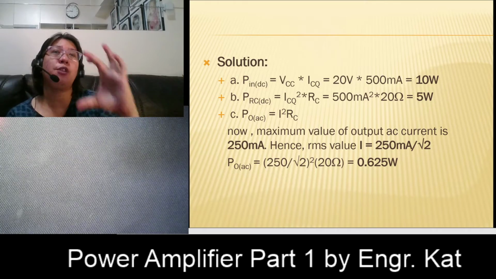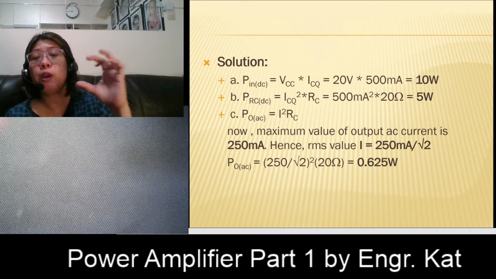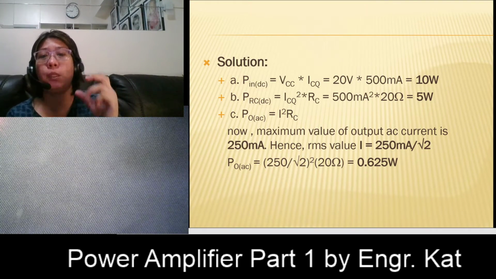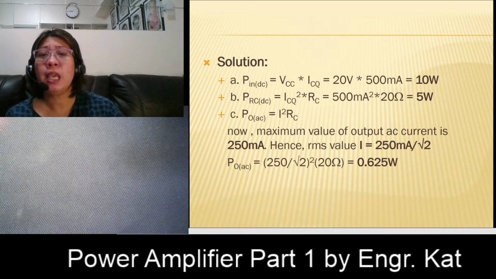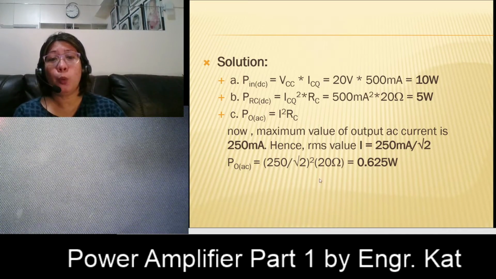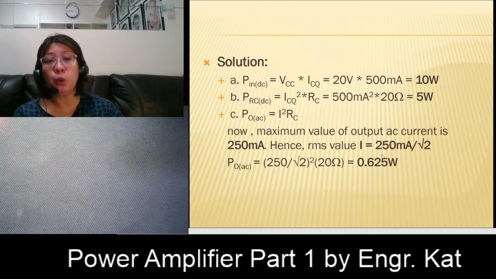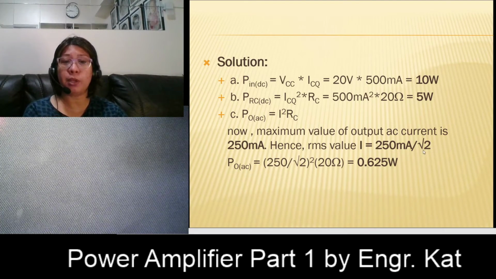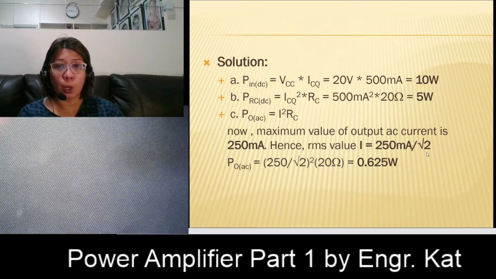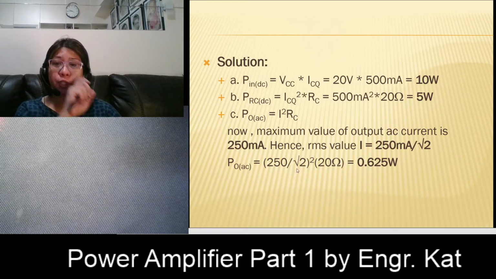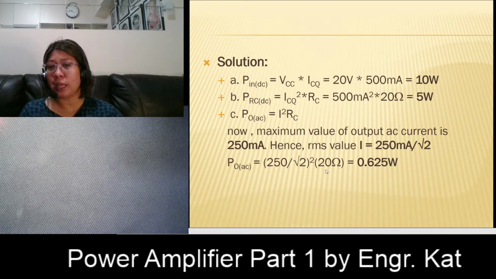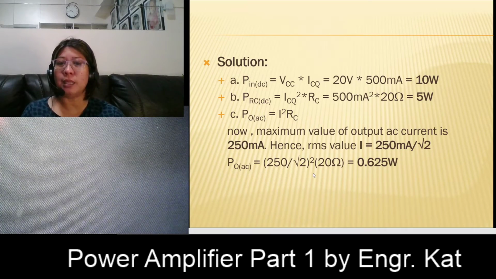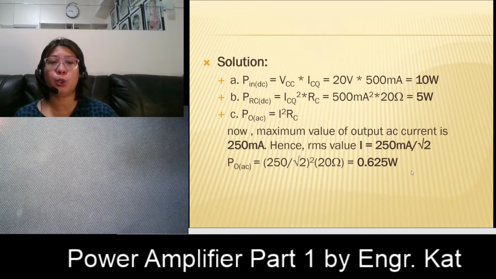So it is 500 milliamperes peak to peak or 250 milliamperes peak. Hence, in getting the RMS value, we divide the peak value, 250 milliamperes, by the square root of 2. This RMS current, we square it and then multiply it with the resistance. That will give us 0.625 watts.